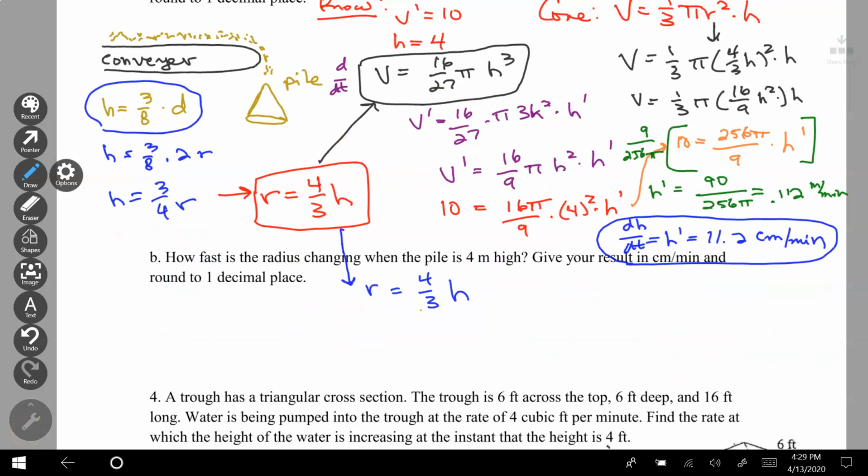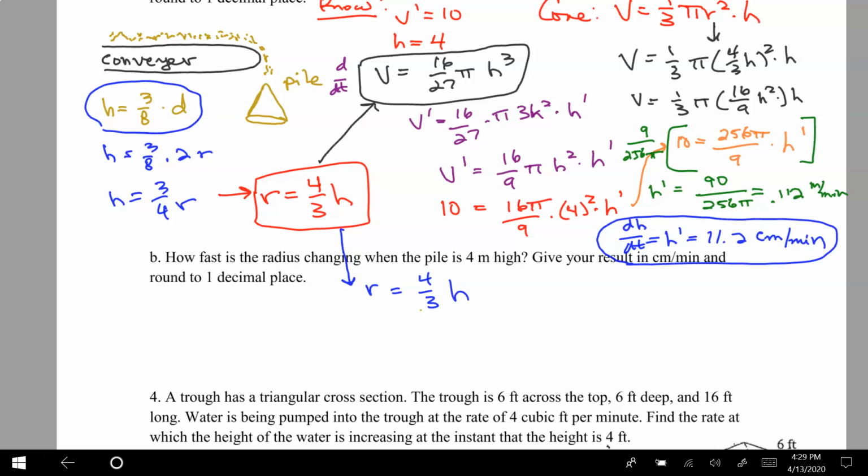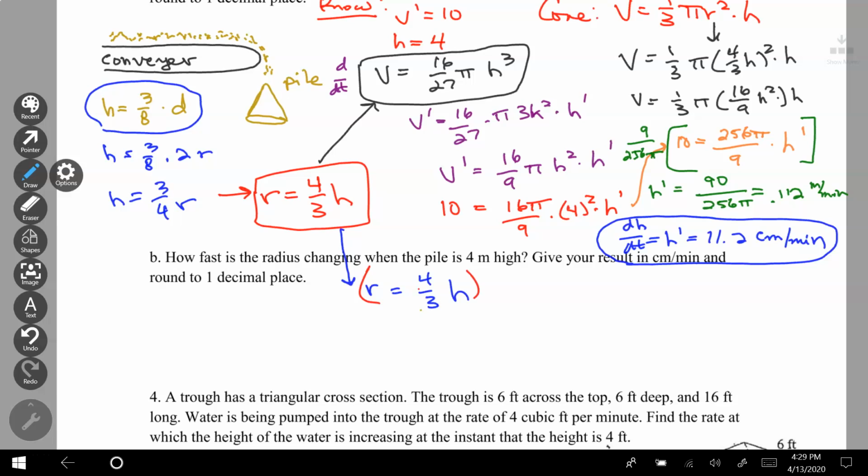So in part A, we figured out how the height of this pile is changing, and it was 11.2 centimeters per minute. Now we want to figure out how the radius is changing. Well, I have this equation, r equals 4/3 h, and all I have to do now is take this derivative. r prime equals 4/3 times h prime. Well, I know what h prime is. r prime is 4/3 times 11.2.